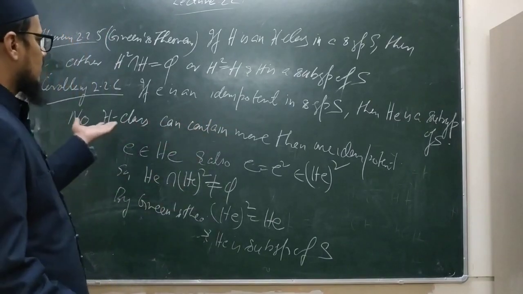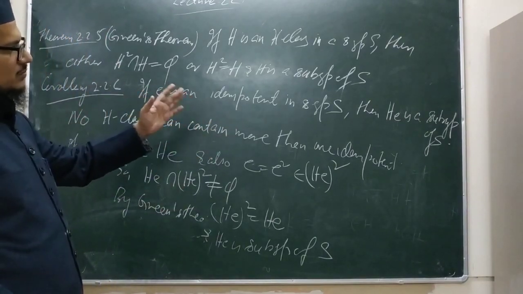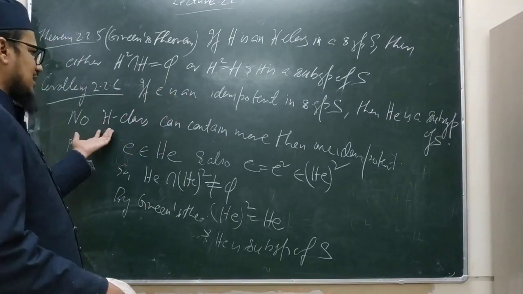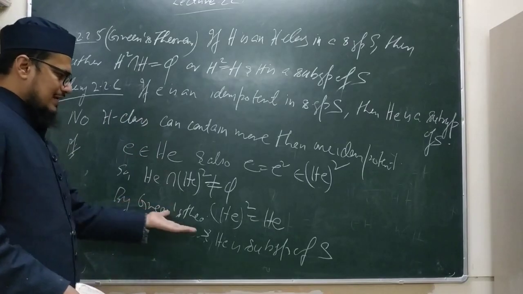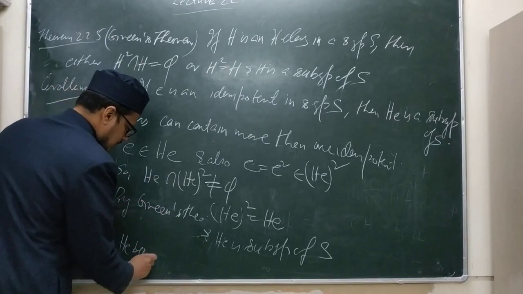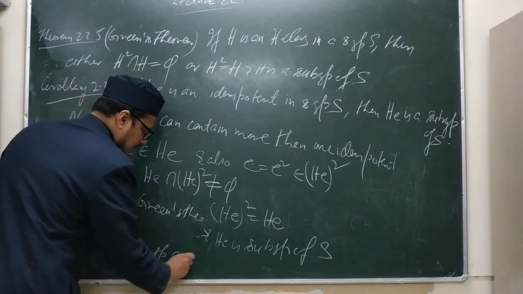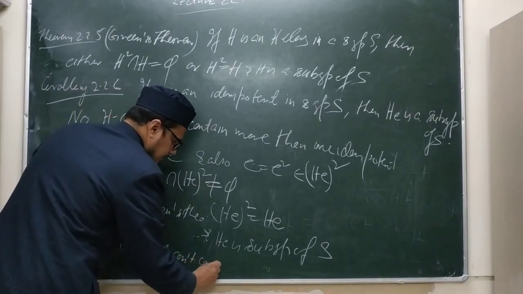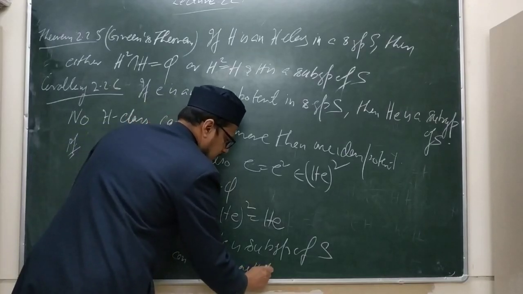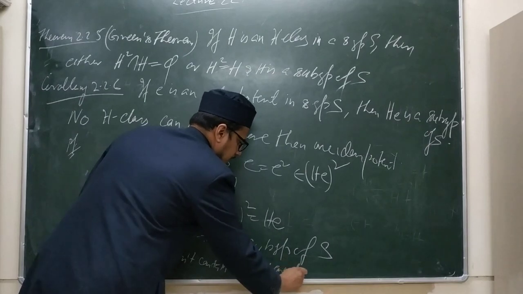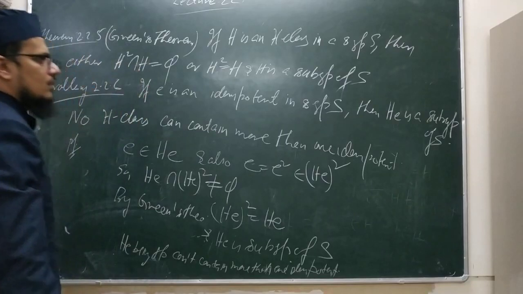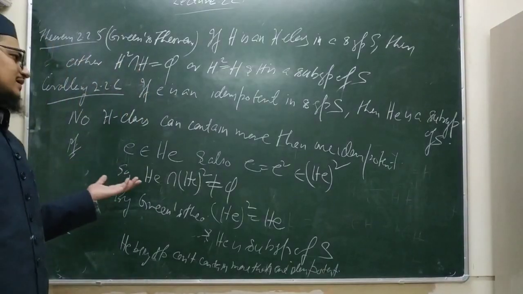If E is idempotent in a semigroup, then He is a subgroup of S, correct? This we have proved, and no H class can contain more than one idempotent because He, being a group, cannot contain more than one idempotent. So in this way we have proved that no H class can contain more than one idempotent.